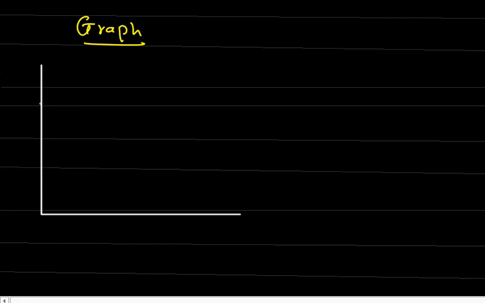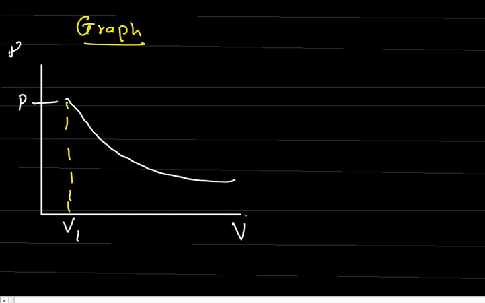In a case where the pressure is changing and the volume is also changing, let's say this is the graph. This is a graph of pressure versus volume. So this is the initial volume V1, and at this point we have the final volume V2.